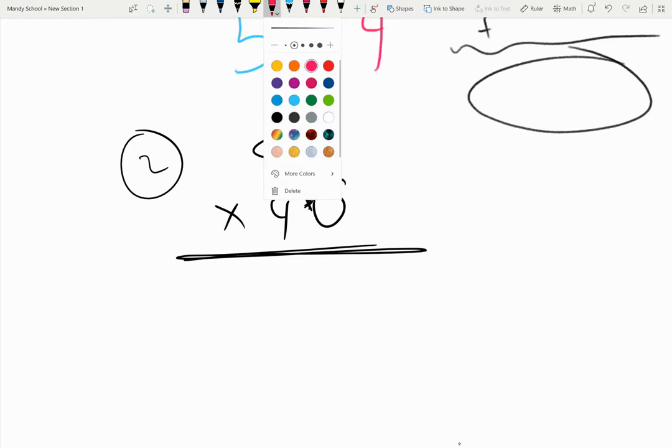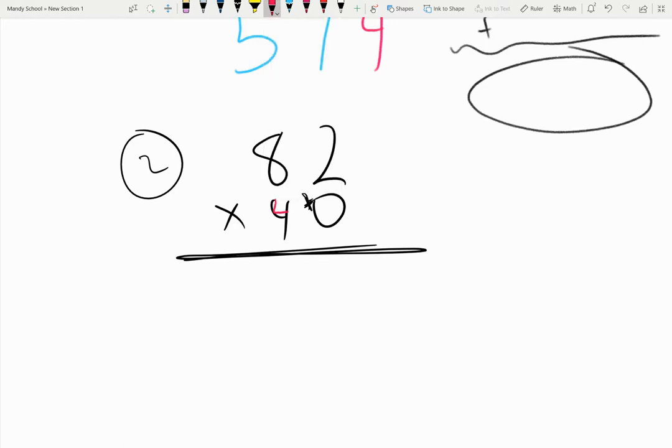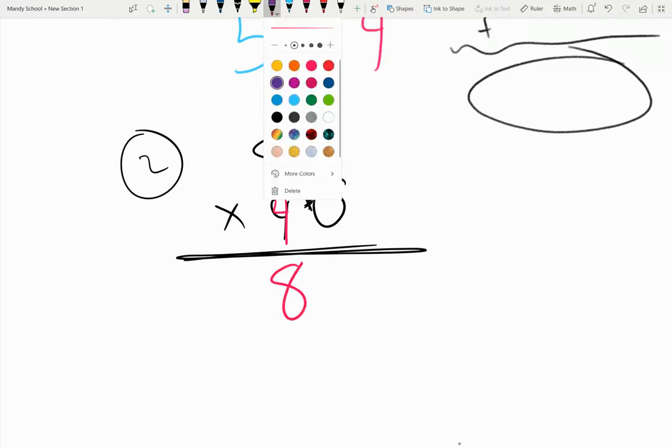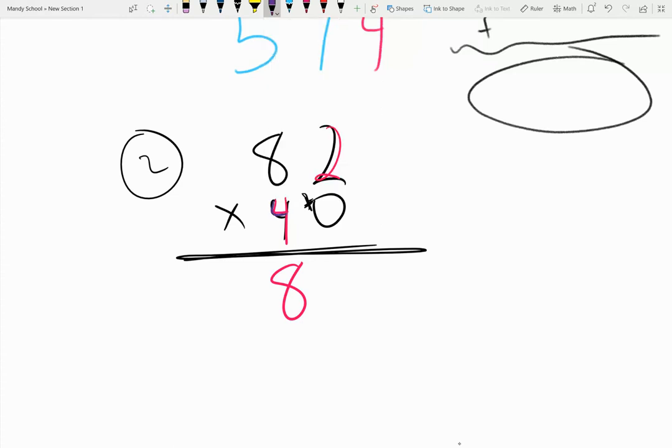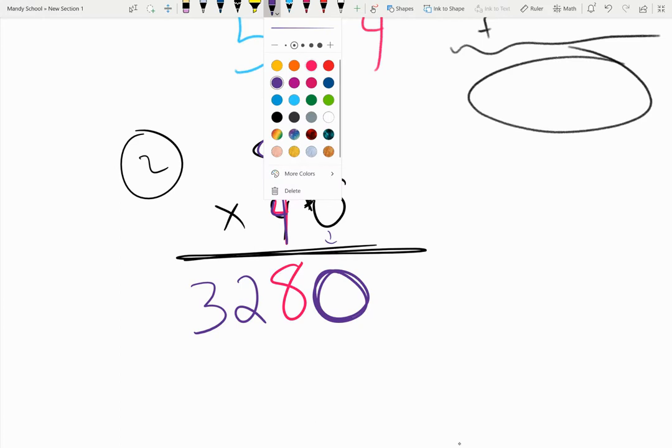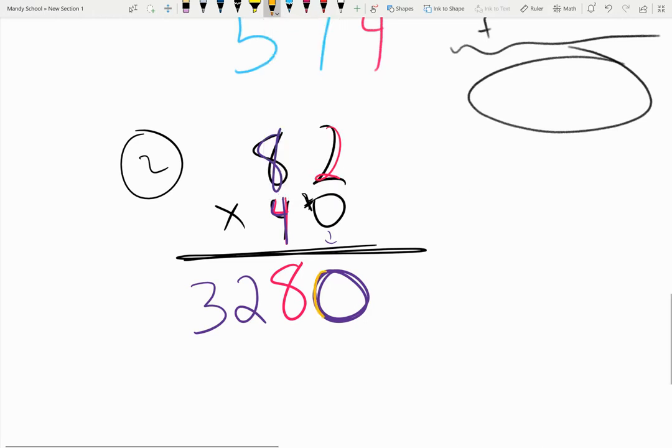So that's what I'll do. If I start out doing my 4 times 2, which equals 8, and then I'm going to do my 4 times 8, which equals 32, and then here I'm just going to add that 0 at the end. I'm going to add it with a different color too. That may be helpful. Let's see if the yellow works.